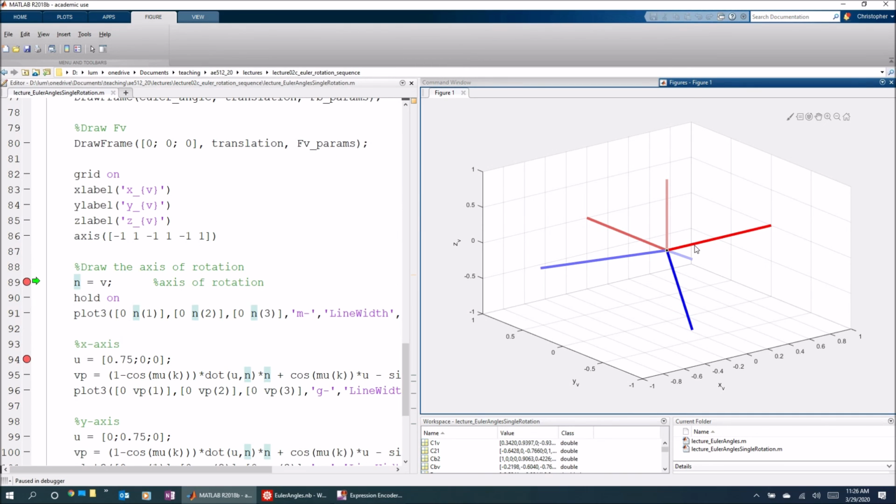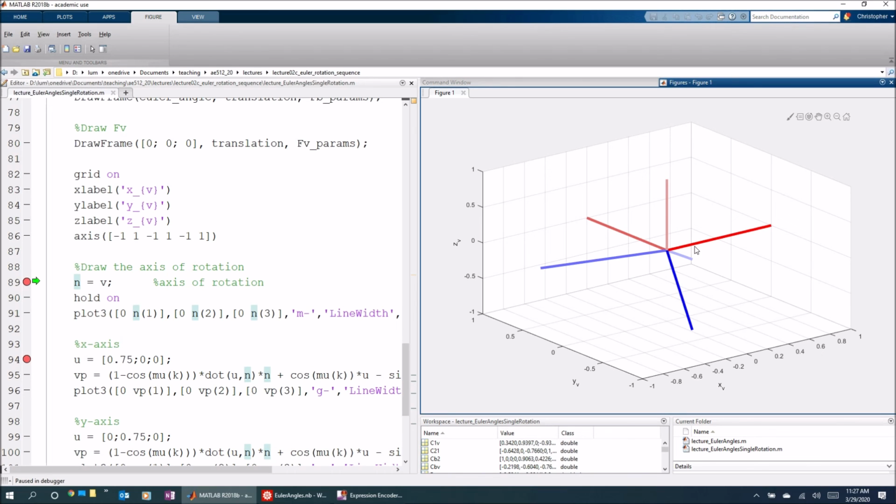Okay, so again, this should look very similar, right? The red was the northeast down frame, the blue was the body frame, and earlier we had done our 3 individual, separate rotations, right? We first rotated about the Z, then we rotated about the Y, then we rotated about the X axis to get to the blue axis, right?